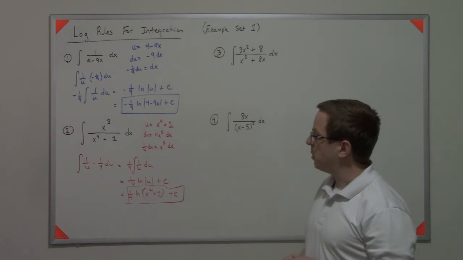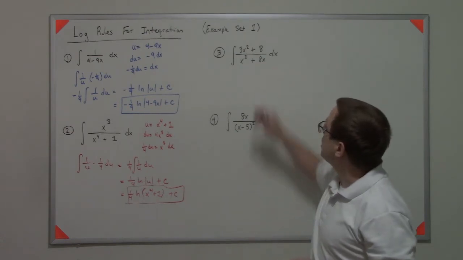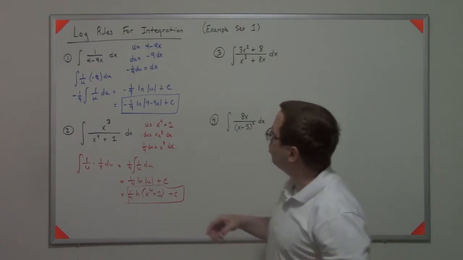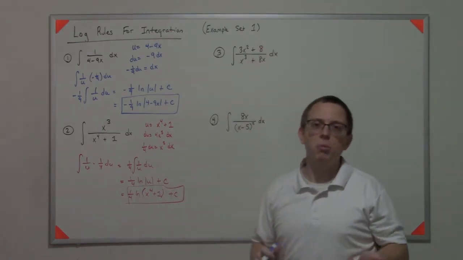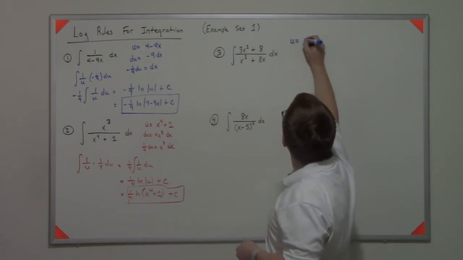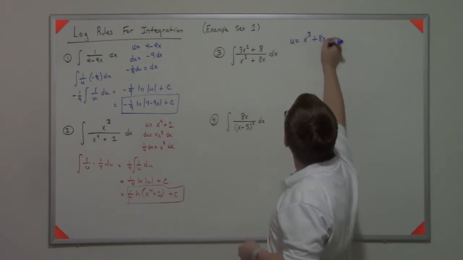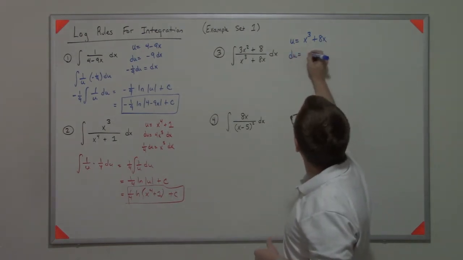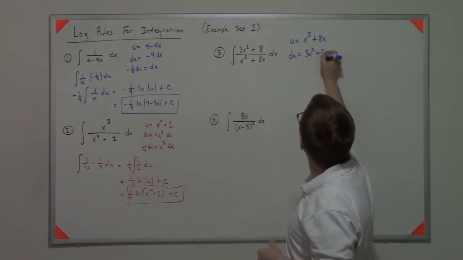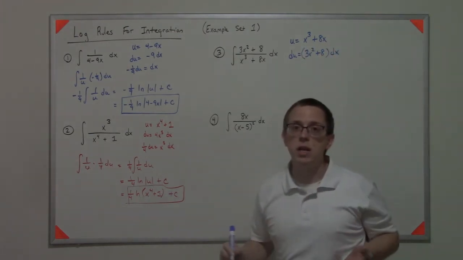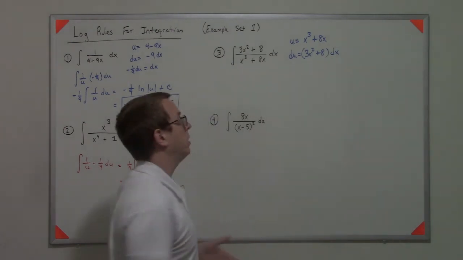Okay, so the next piece we want to do is this one. So we're going to follow the same process. It's a little more complicated, but it's going to be all right. We're going to let u be x cubed plus 8x. And then du is going to be 3x squared plus 8 dx, which is very convenient. It basically absorbs everything into this.